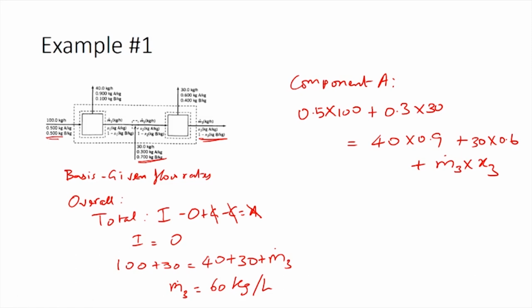So, why we have written this is we have again assumed input equals output because generation and consumption are 0 and the process is at steady state.